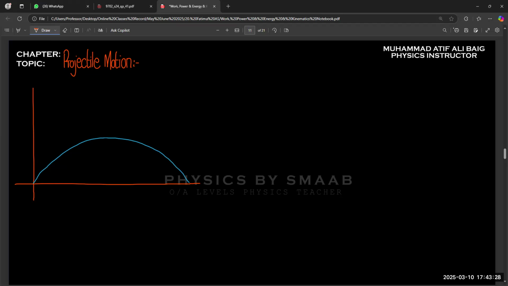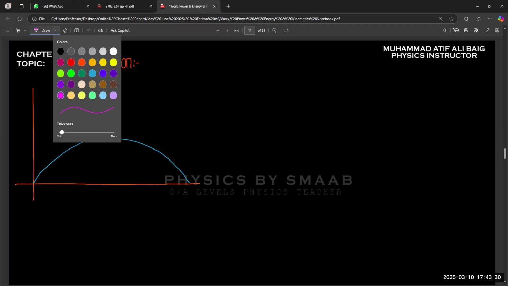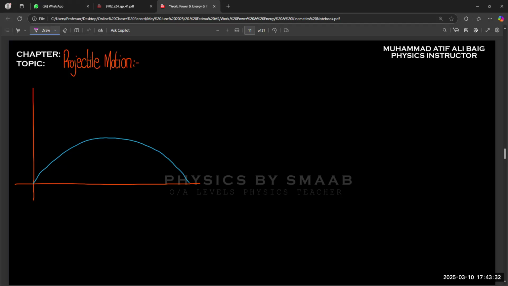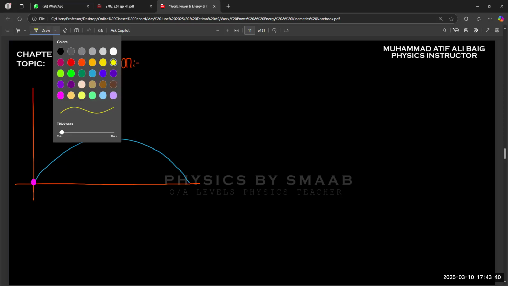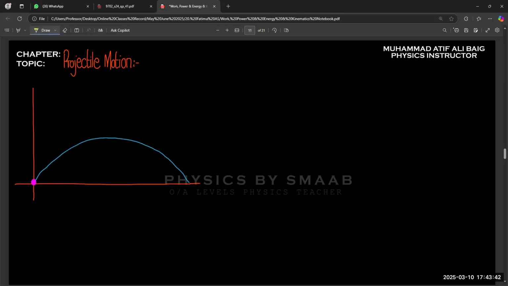Let's suppose we kick a football from this point, it always travels tangent to the curved line, just like the circular motion. So this is the direction of the velocity.